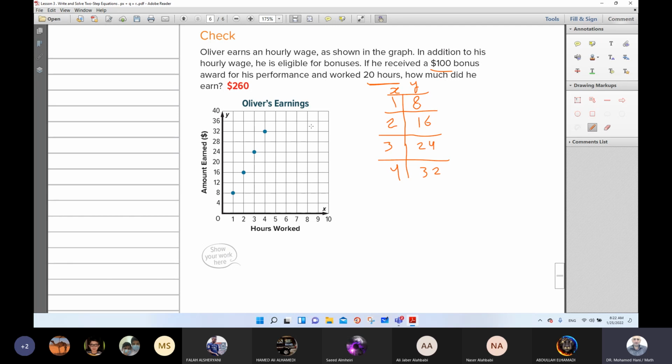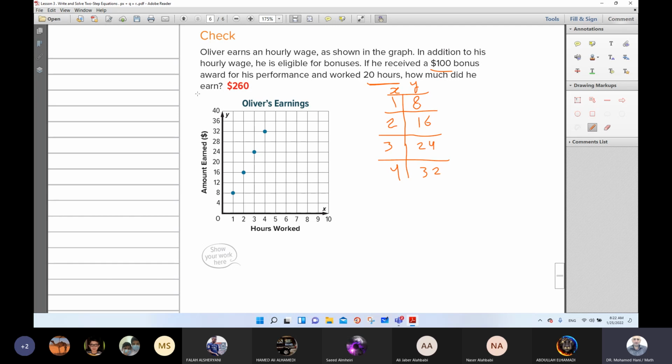And from the question here, in addition to his hourly wage, he is eligible for a bonus if he received $100 bonus award for his performance and worked 20 hours.